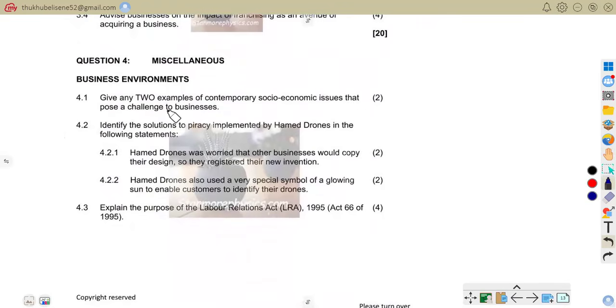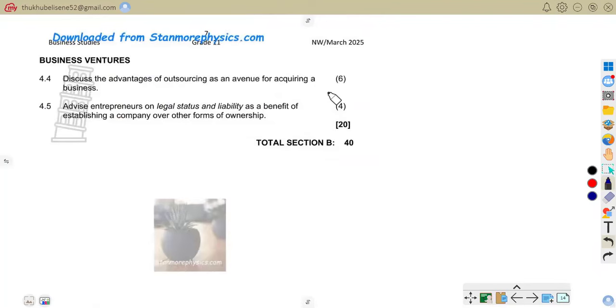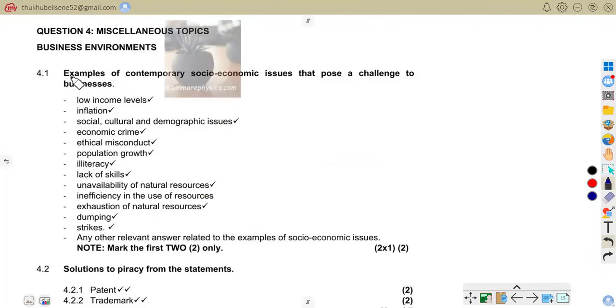Question 4 says, give any 2 examples of contemporary socio-economic issues that pose a challenge to business. The question says you are to give 2 examples of contemporary socio-economic issues that pose a challenge to a business.